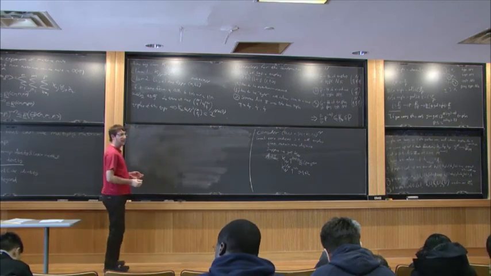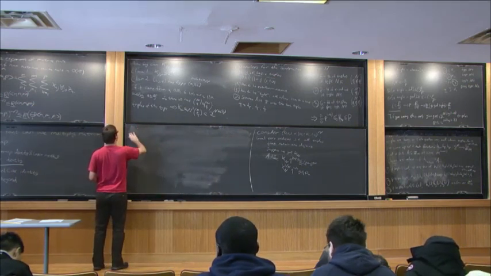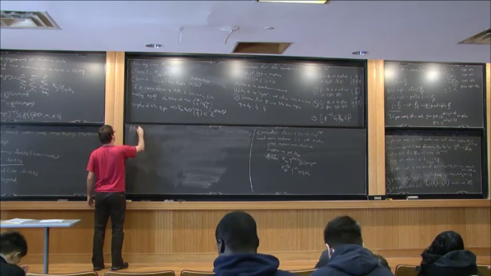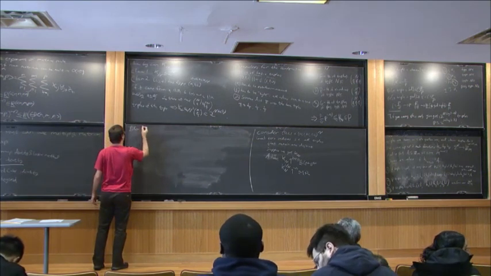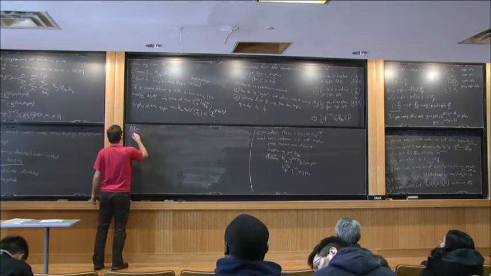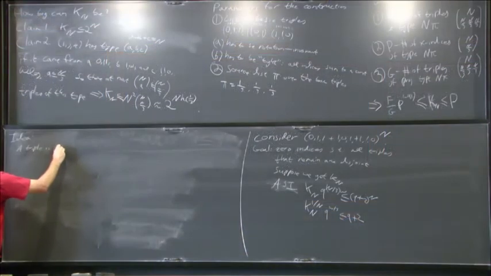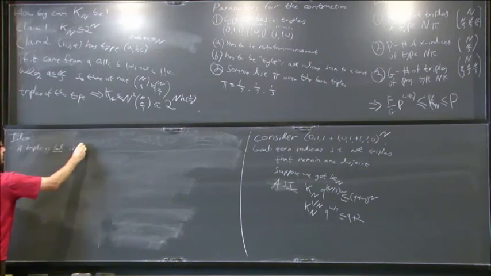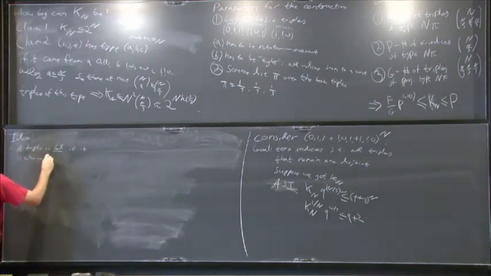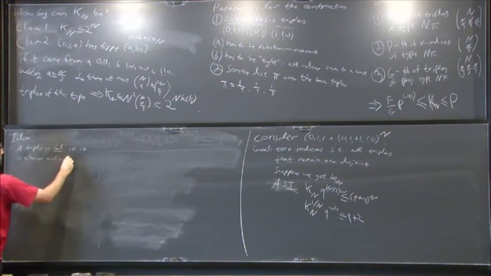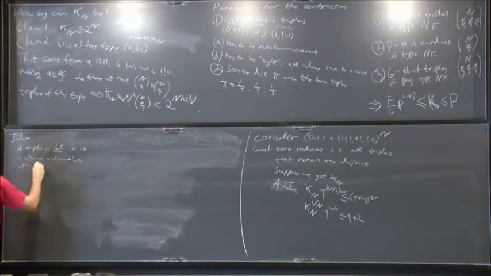Okay, so now the idea is exactly the same. So you define a triple is bad if it is chosen and conflicts with a chosen triple.